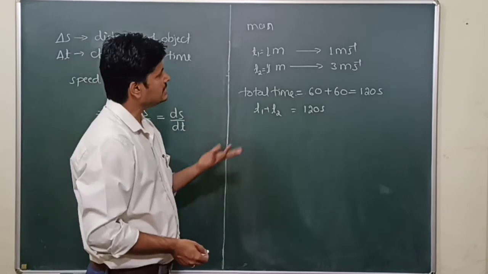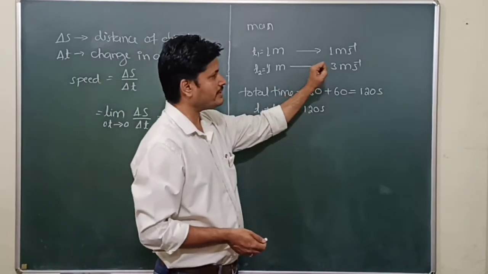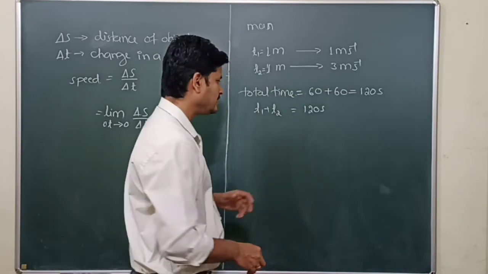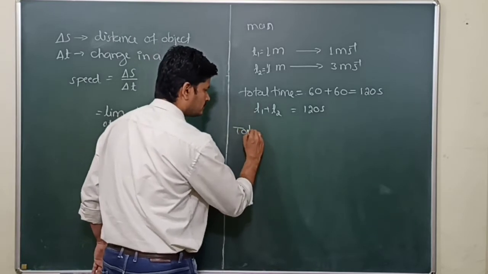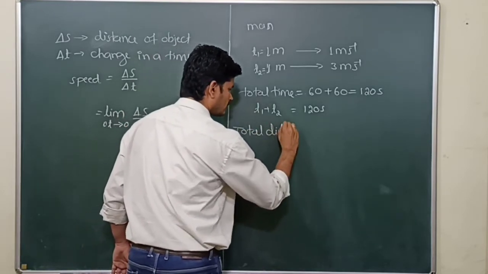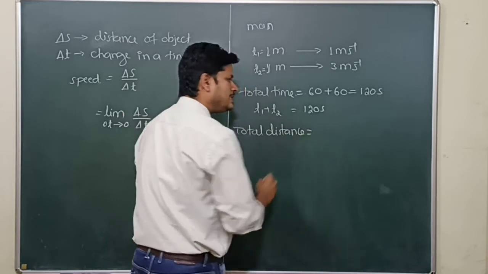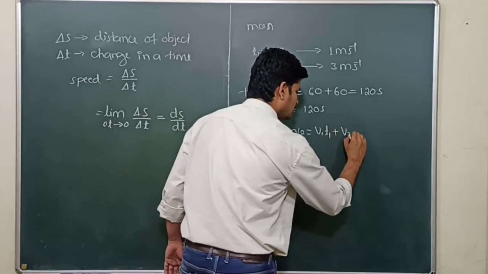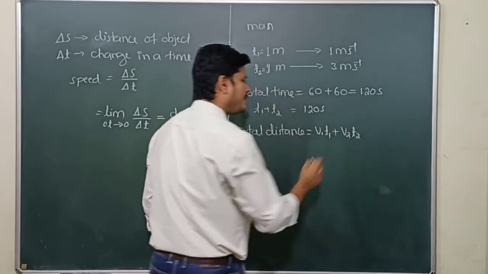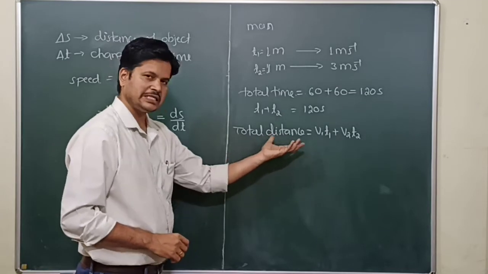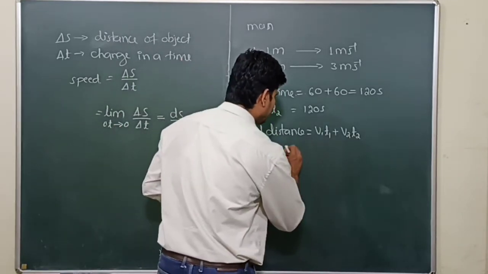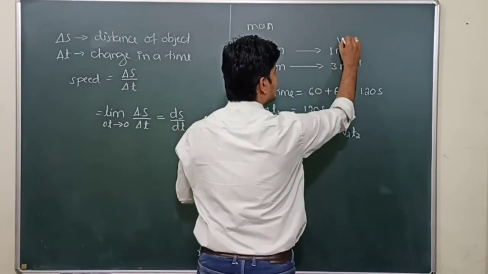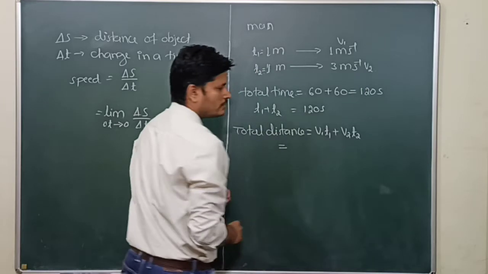What is the total distance traveled by the man? Distance is not given, only the speed is given. If we do velocity into time, which gives the distance, correct? That means total distance is velocity 1 into time 1 plus velocity 2 into time 2, which gives the total distance traveled by the man. Then simplify this. This is V1 and this is V2.